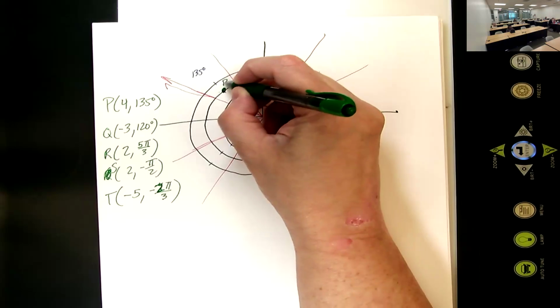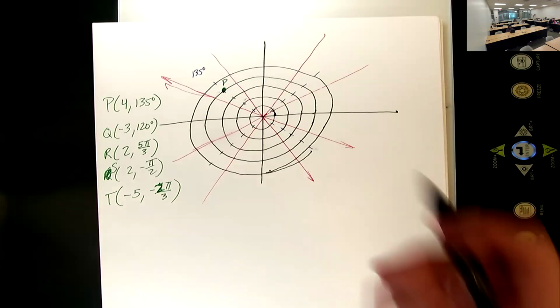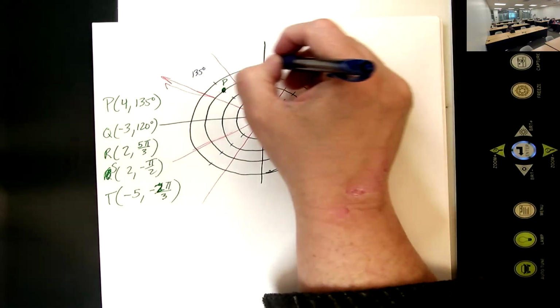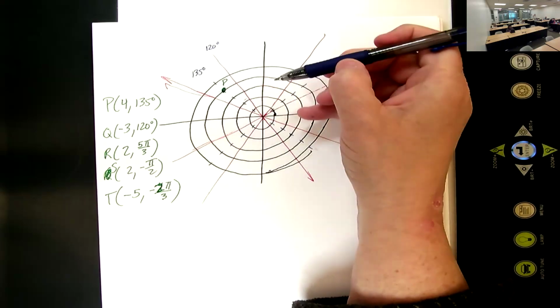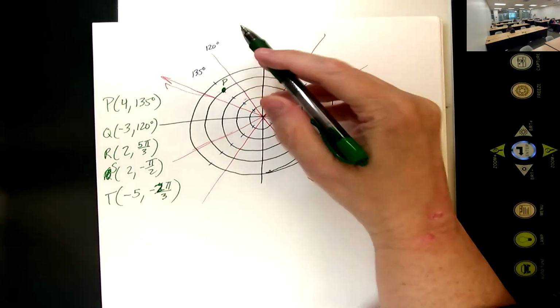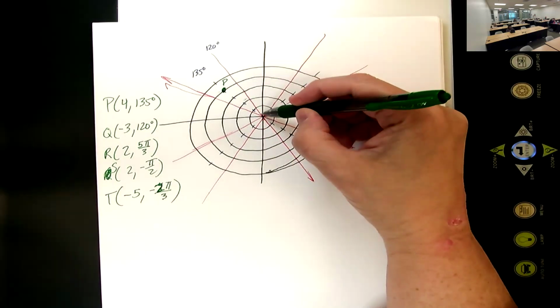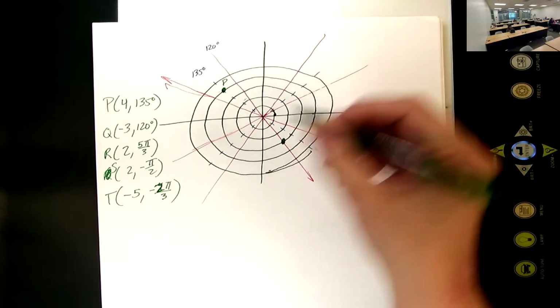That makes that point P. For Q, I rotate 120 degrees and I get to here, that's 120 degrees. And I want to go -3, which means going the opposite direction along this line, coming this way. That would be Q.